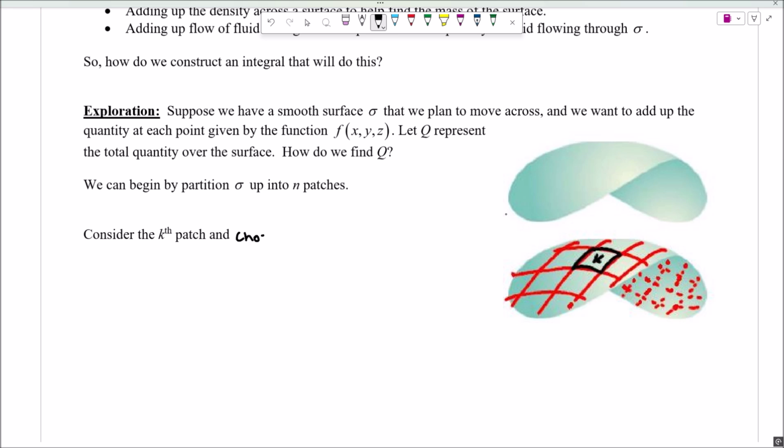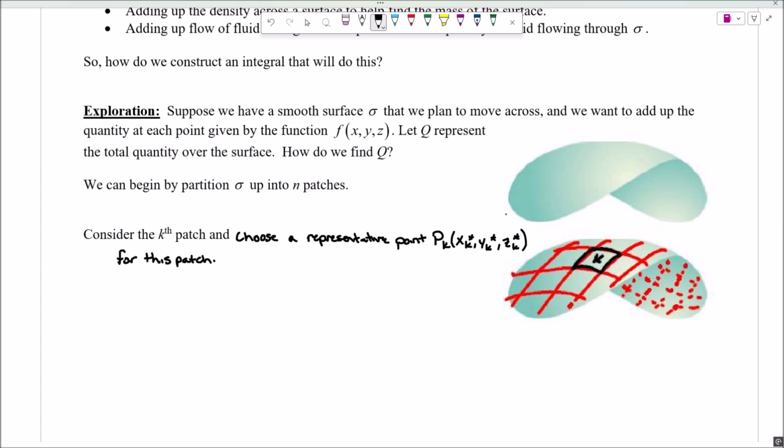Once I have that particular patch, I'm going to choose a representative point, and I'll give this point the name P sub k. We'll suppose that it has coordinates xk star, yk star, and zk star. The stars are just there to indicate this is a special point for this patch.